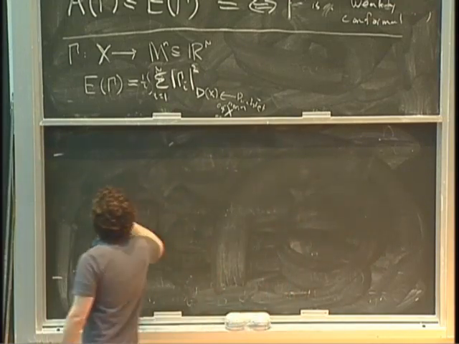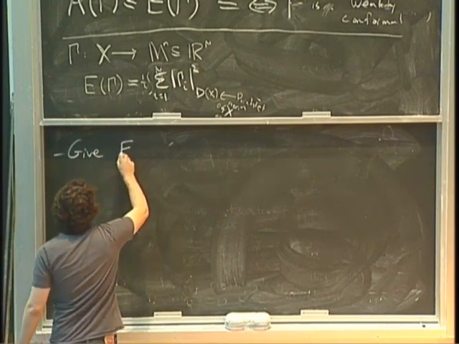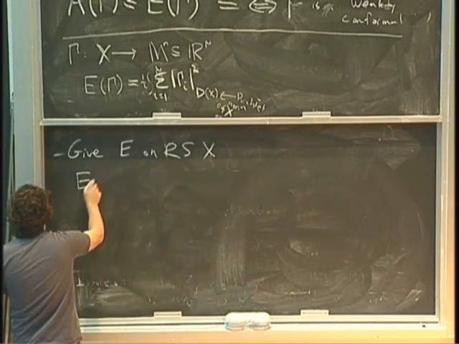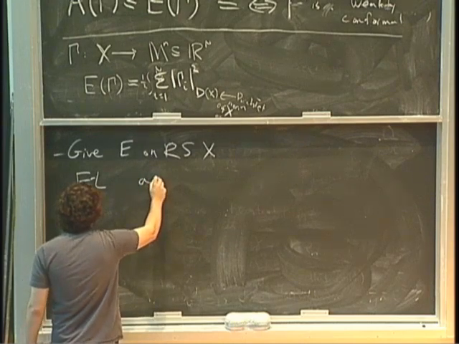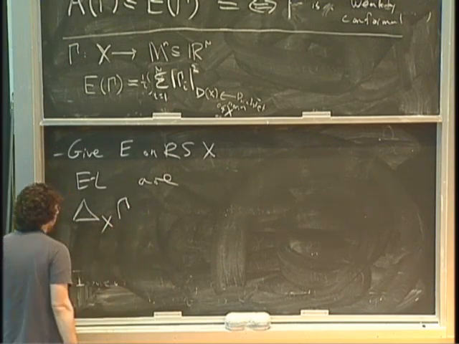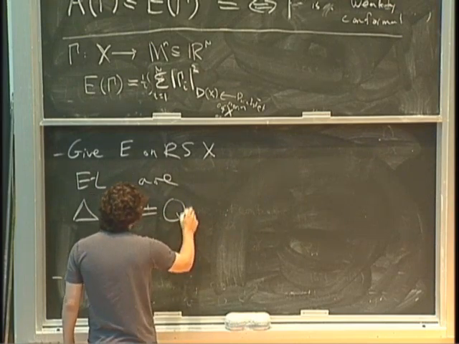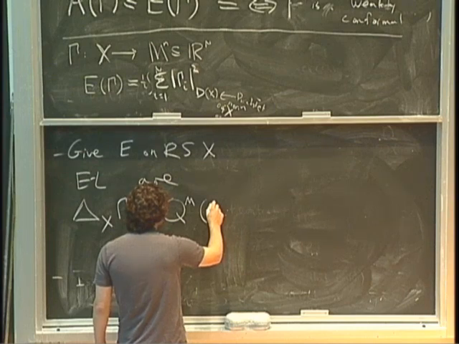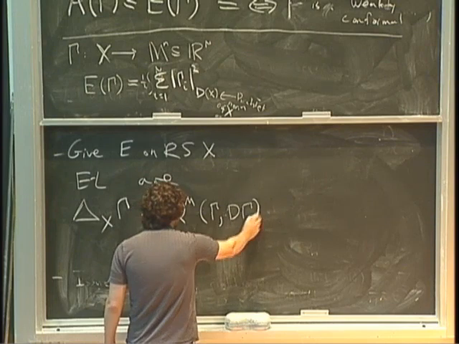Okay, so given this energy E on this Riemann surface X, the critical points of it, so the Euler-Lagrange equations of this functional, are again the Laplacian of X applied to gamma, component-wise, equal to some nonlinearity that depends again on the target, on the value of gamma and the value of its first derivatives.